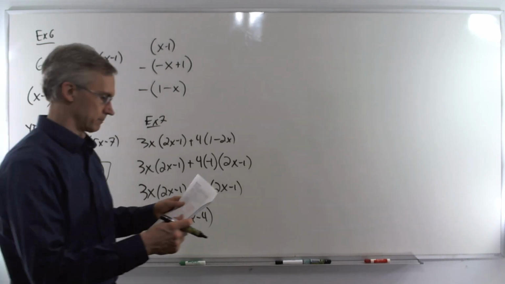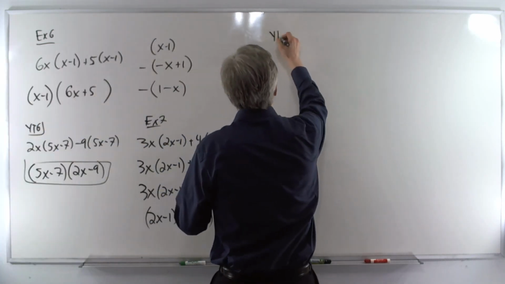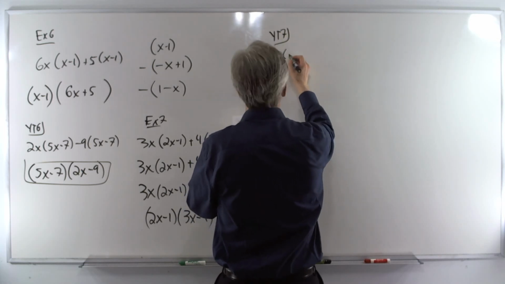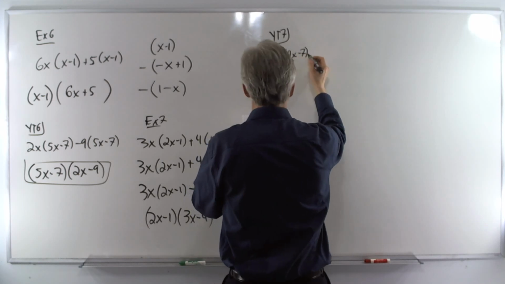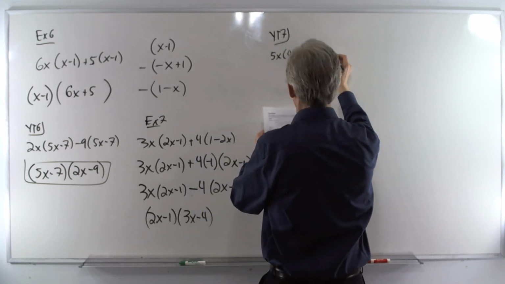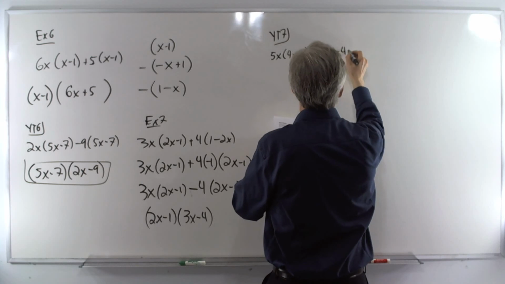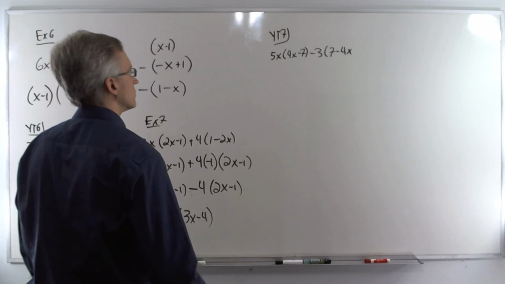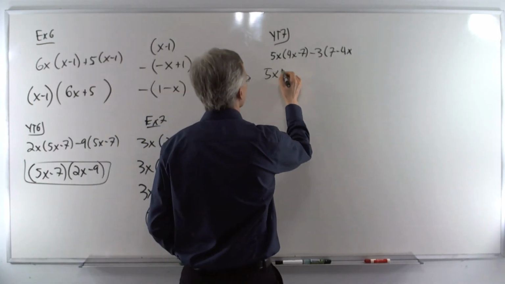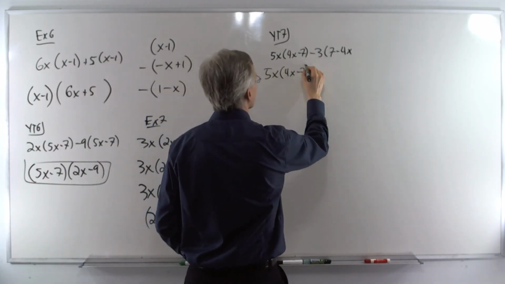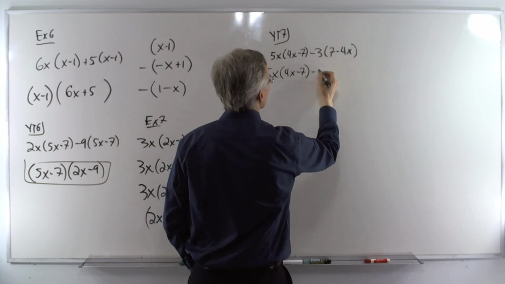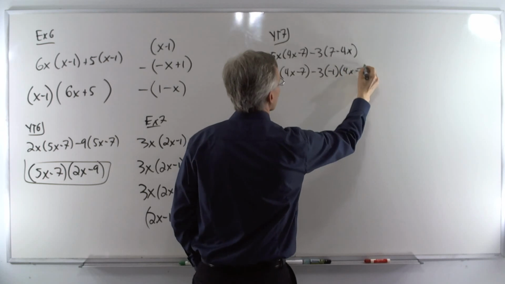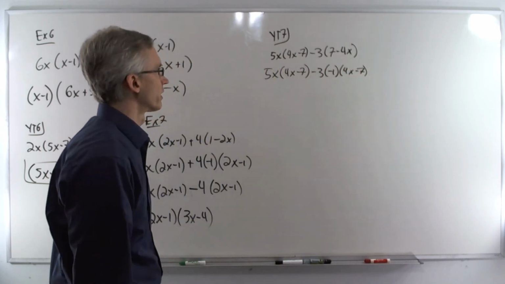Your turn, number 7. All right, so factor out a negative 1 there.